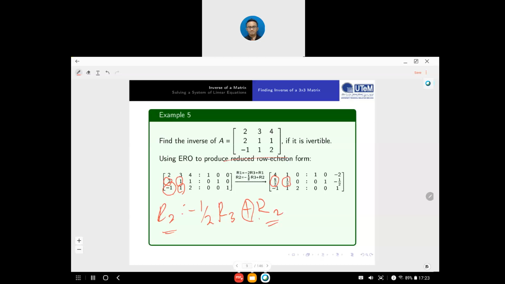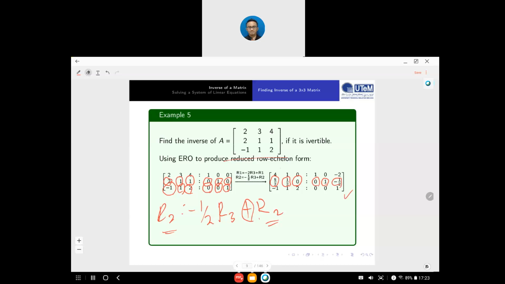Negative 1 over 2 times 2 is negative 1, negative 1 plus 1 is 0. Negative 1 over 2 times 0 is 0, plus 0 also 0. Negative 1 over 2 times 0 is 0, plus 1 is 1. Negative 1 over 2 times 1 is negative 1 over 2, plus 0 is negative 1 over 2. So you can get the full row.